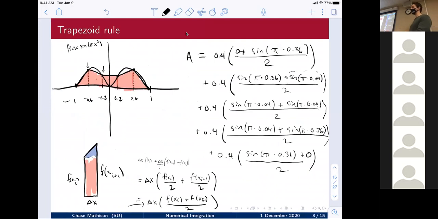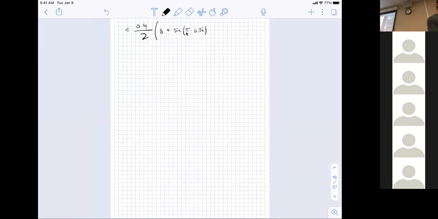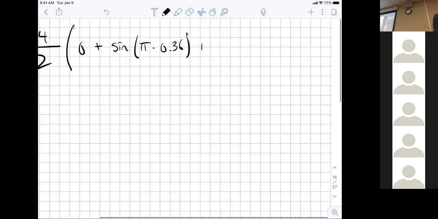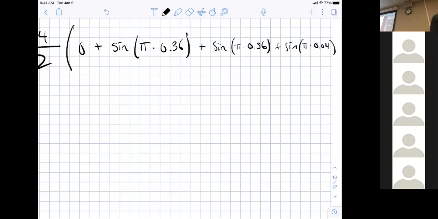Right? I pulled out 0.4 over 2. Then in the next term, I have plus sine of pi times 0.36 plus sine of pi times 0.04.